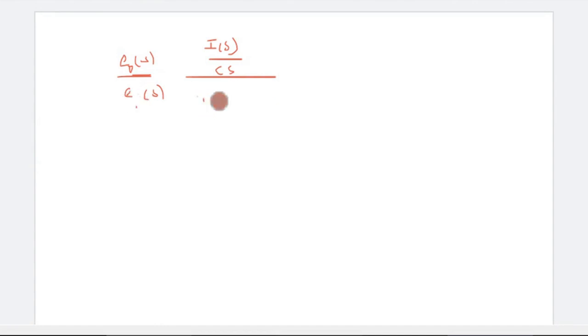I of s into R plus 1 by Cs. I of s and I of s get cancelled.